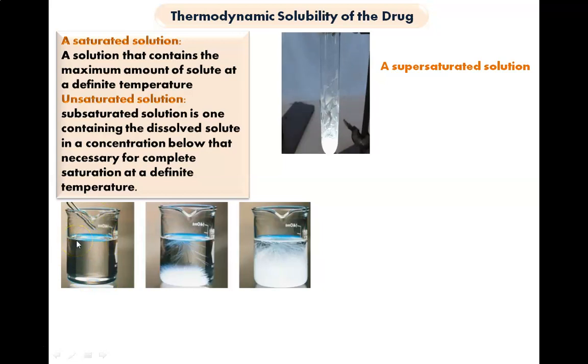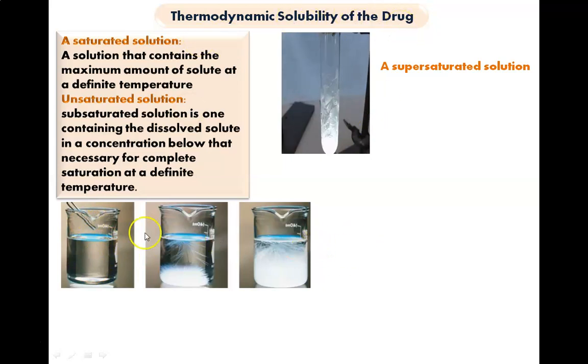Now it remains in solution in a given volume of solvent. That means whatever crystals I have added remain in solution form at that temperature, in that particular volume, and at 1 atmospheric pressure because it is open. So at that pressure under equilibrium condition, it is called the thermodynamic solubility of the drug.